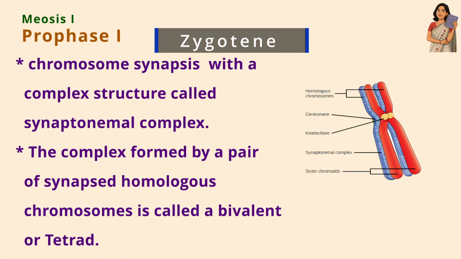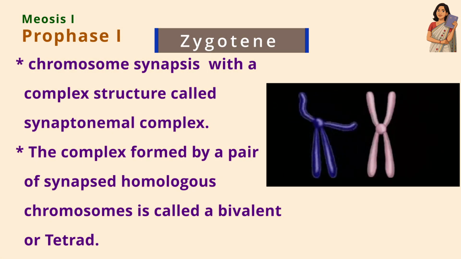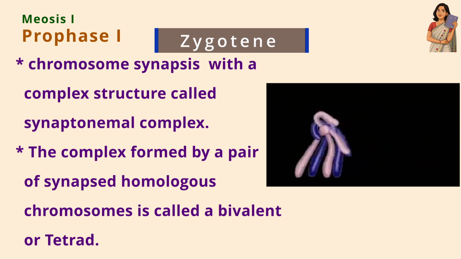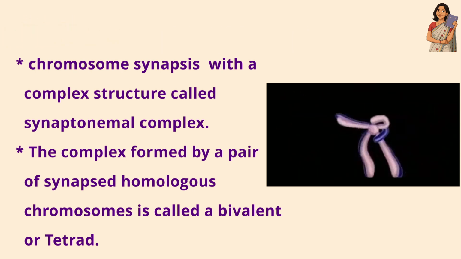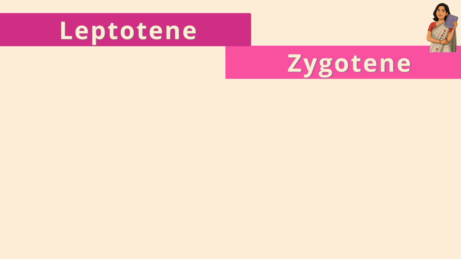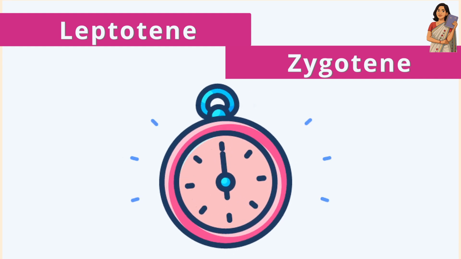In this stage, the chromosome synapsis is followed by the formation of a complex-like structure called the synaptonemal complex. The synapsed homologous chromosomes can also be called a bivalent or tetrad. Both leptotene and zygotene are short-lived phases compared to the other phases.